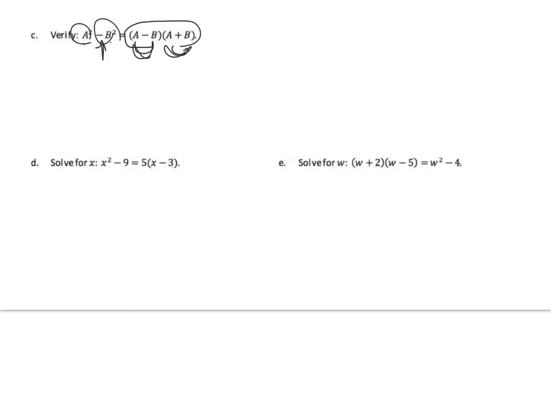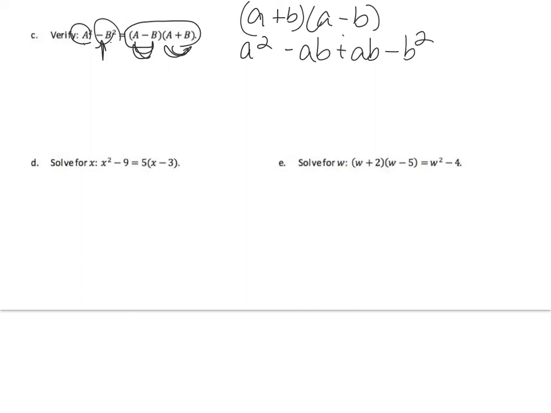Okay, if I just do a plus b, a minus b, if I FOIL that, I get a squared minus ab plus ab minus b squared. The center terms always cancel out. Always. Okay? So this is in fact going to be verified.